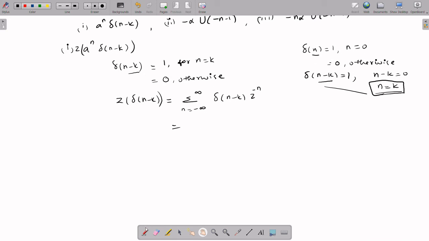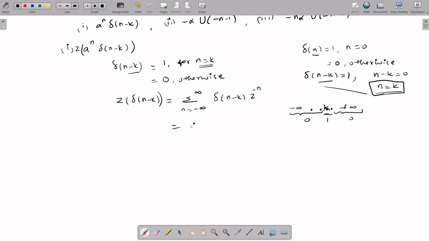Now we have to apply the definition here. Between minus infinity and plus infinity you have a k, isn't it? At n is equal to k you have a value. At that value alone it takes the value 1, and the remaining values become 0. That is the definition of the unit impulse function. So we have a summation.